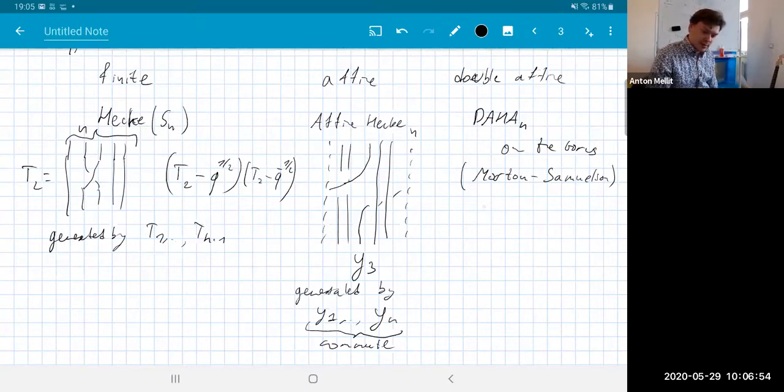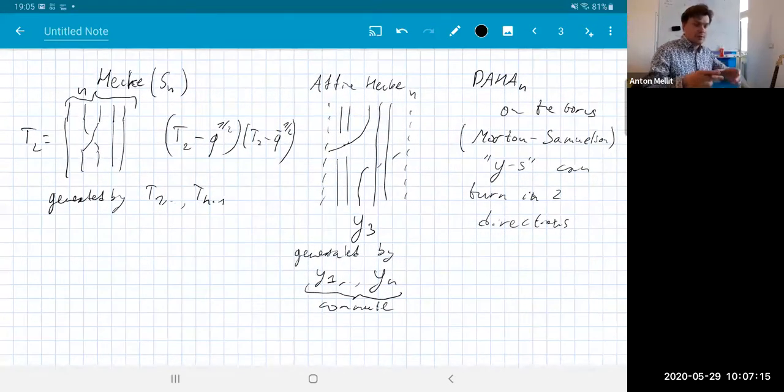Like if you think about the torus as a rectangle, you have two walls.